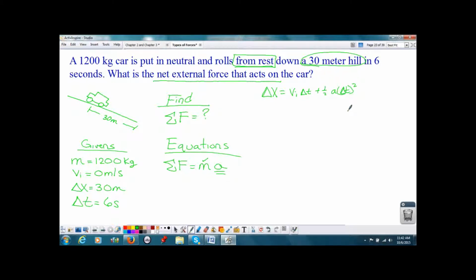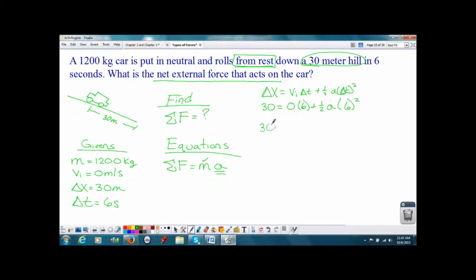Go ahead and substitute in, well, x is 30 meters, the initial velocity is 0, the time is 6, we don't know the acceleration, that's what we're trying to find, time is 6.